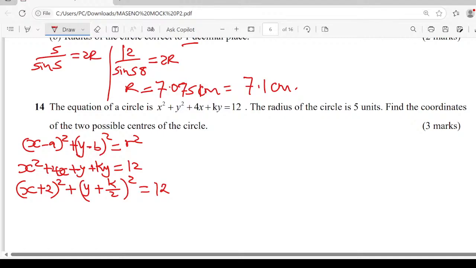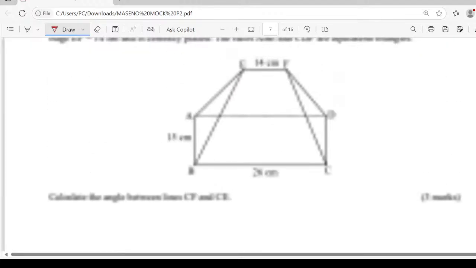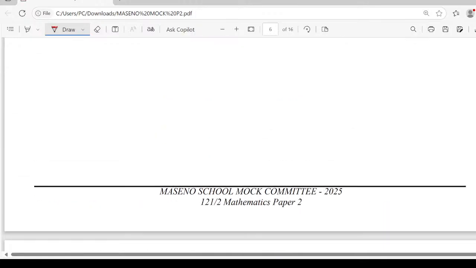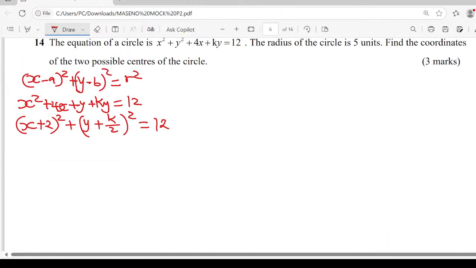Hope you know what I'm doing. Plus 4, I'm adding the constants, plus k squared over 4.